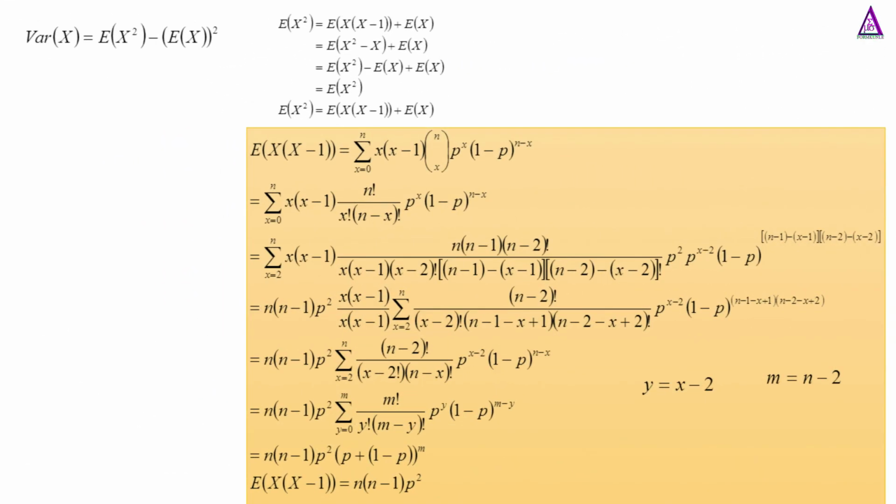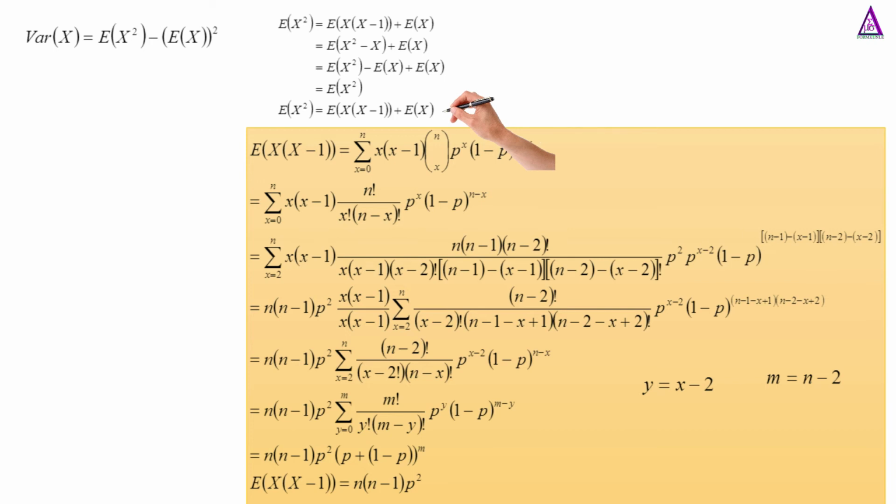To prove the variance of binomial distribution, variance of x equal to expected value of x squared minus into the bracket expected value of x raised to power 2. That is to say, expected value of x squared can be expanded as follows. So therefore, we need to consider x squared, which is expected value of x into bracket x minus 1, now gives us this thing.